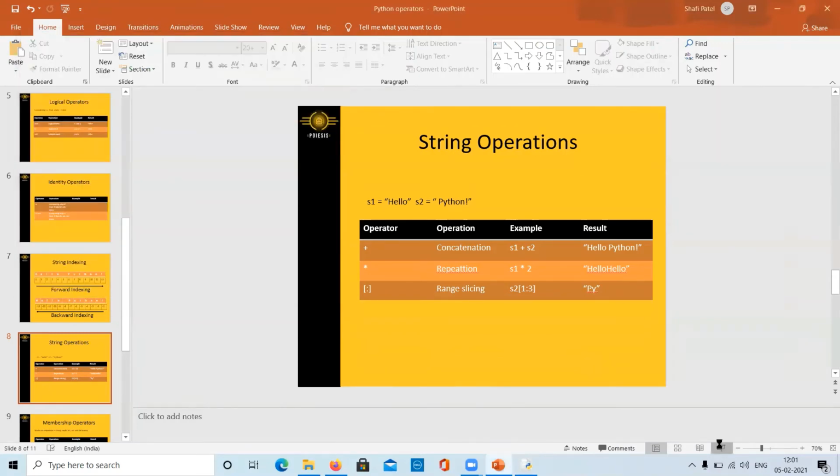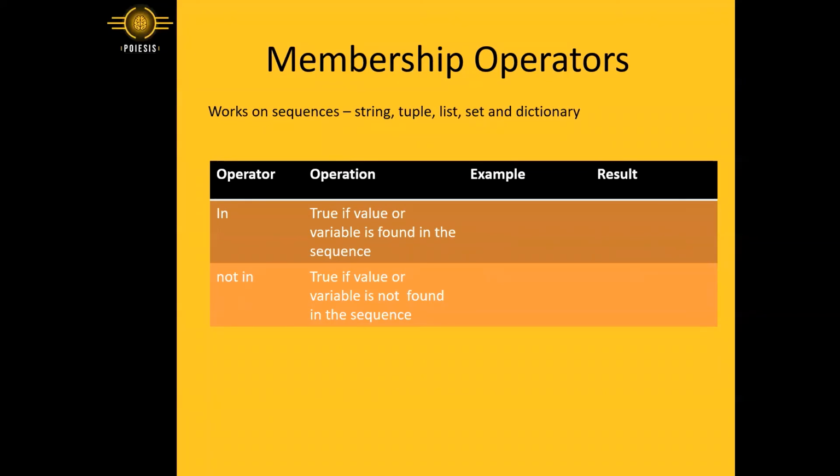Okay, so the next set of operations is membership operations, and these operators work on sequences, not only on strings but also on tuples, lists, sets, and dictionaries. Strings have been covered. The rest of the data types, tuples, list, set, and dictionary supported by Python will be covered in the next session.